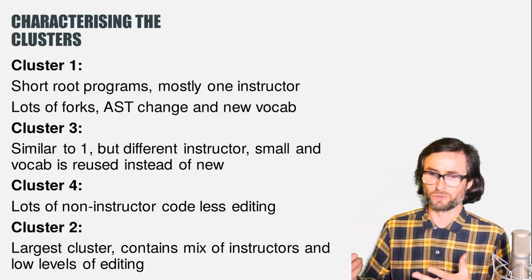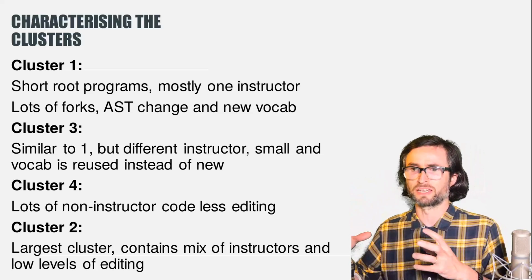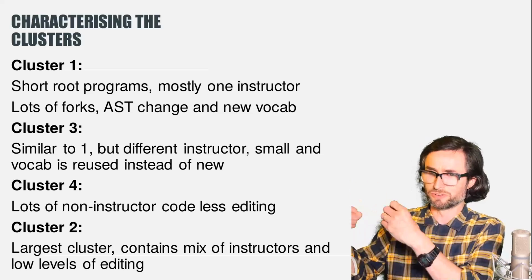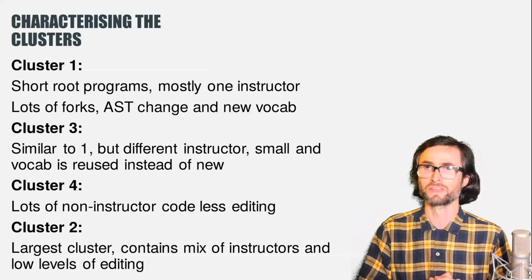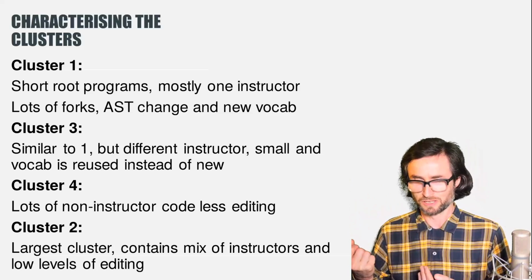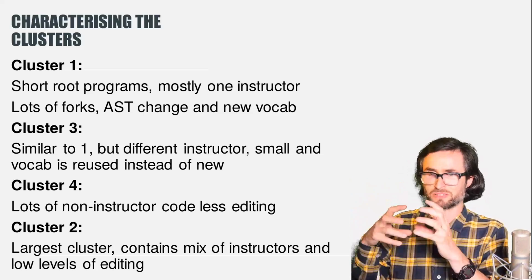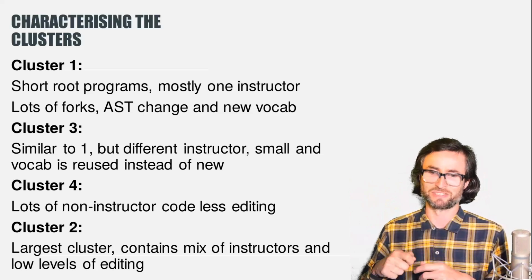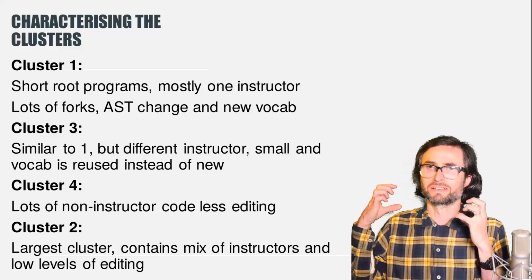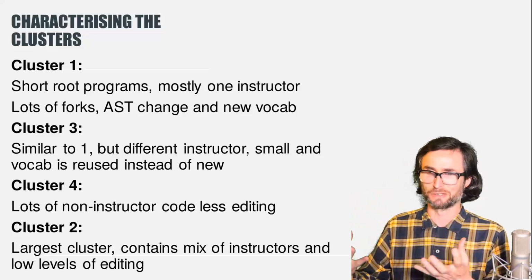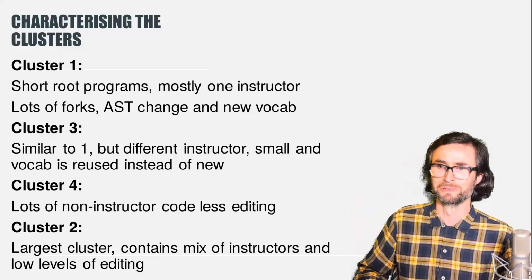And cluster 4 had lots of non-instructor code, so lots of students' code being reused by other students in this cluster. And then cluster 2 was a really large cluster that had bits of everything in it. So you could say that 1, 3 and 4 were clearly distinct clusters, and 2 was like the grab bag that everything else went into.